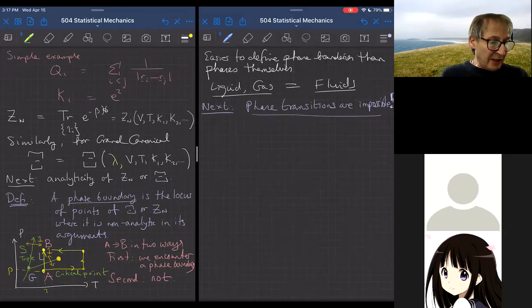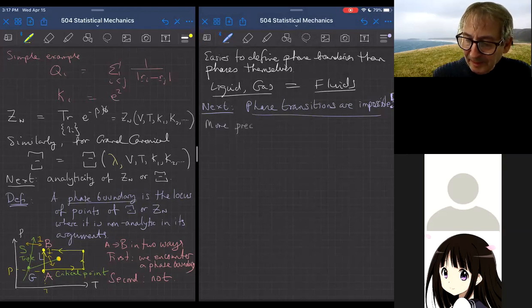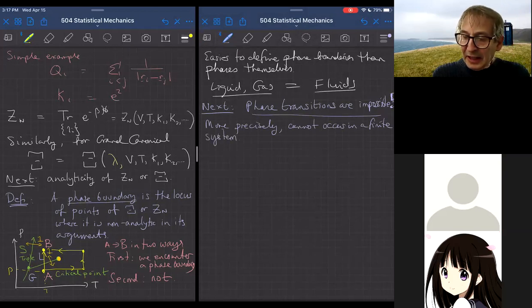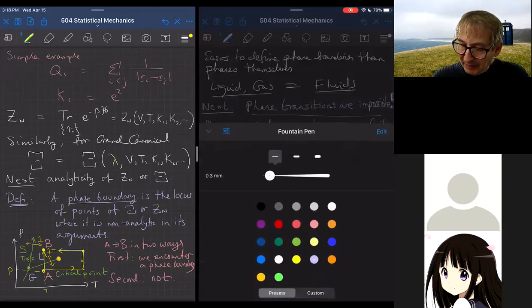So let's see how that can be true, and a more precise way to say it is that they cannot occur in a finite system. So let's explain how that comes about.